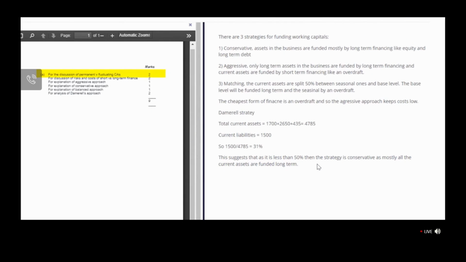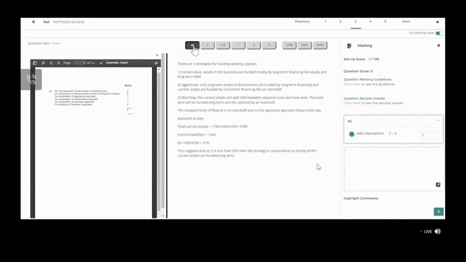They have not explained permanent and fluctuating, so they'll get 0 marks for that. They have done a bit of a discussion based on risks and costs, and so I'm going to allocate half a mark for that. They then have discussed the 3 strategies in their own words, which are all correctly explained. So 1 mark each.